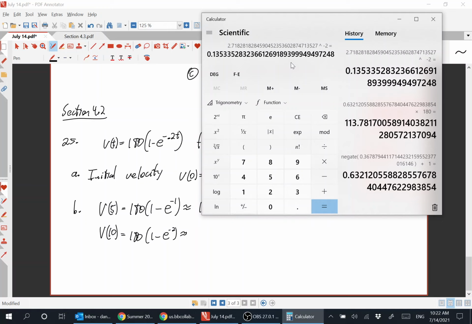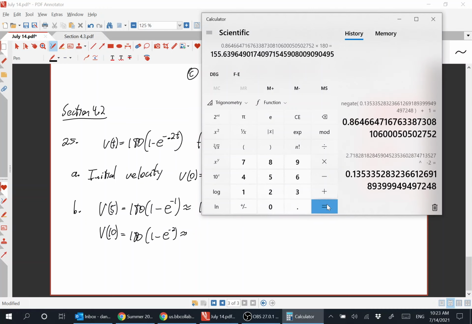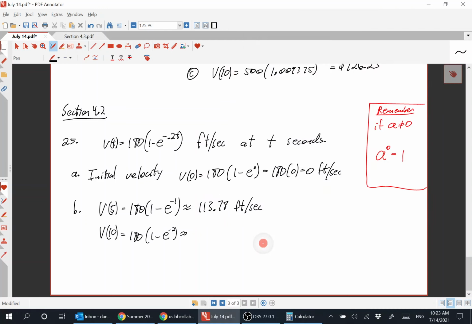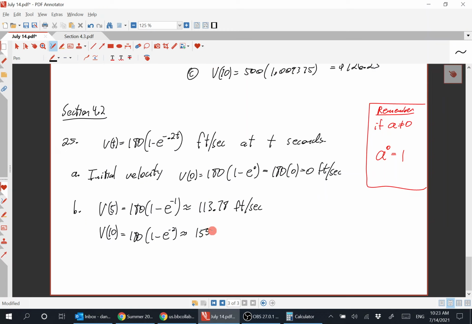Anyway, we get this. That's got to be negative because we need to add it to 1, so we'll subtract it from 1. So 0.86 times 180, 155.64. Oops, what was it? 155 feet per second.